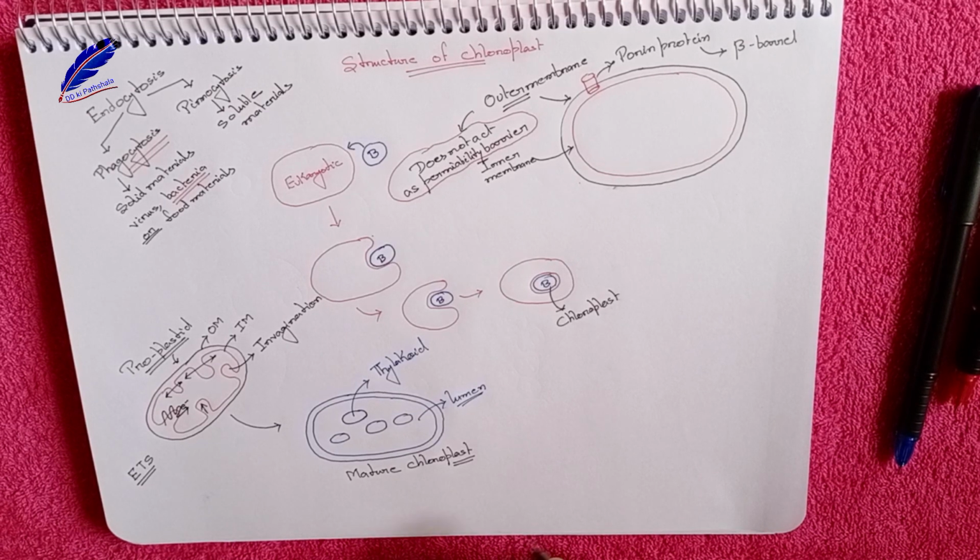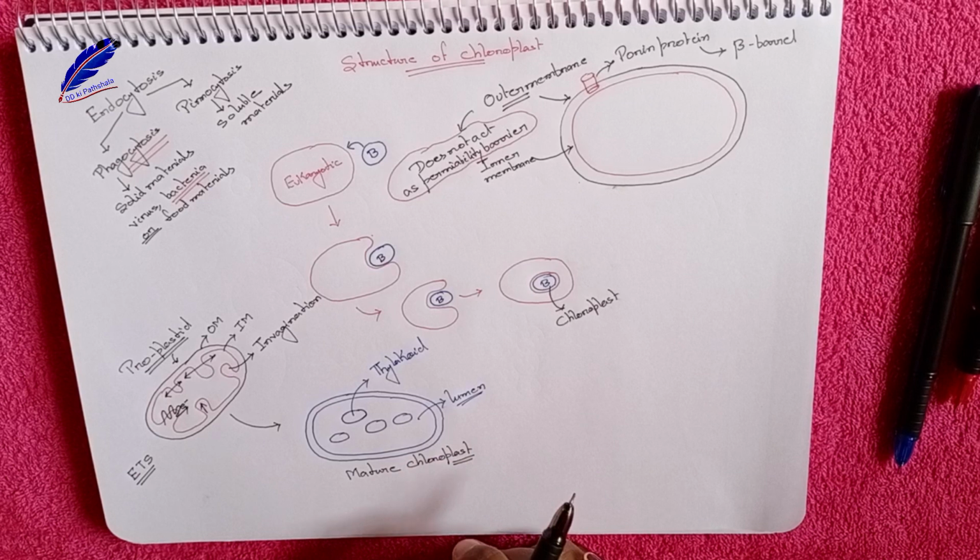Similarly, within the chloroplast also, electron transport chain occurs. Means the transport of electrons through a series of proteins takes place, which is actually the Z scheme of photosynthesis or the light reaction. When we study the light reaction, we will observe that it is nothing but the flow of electrons.